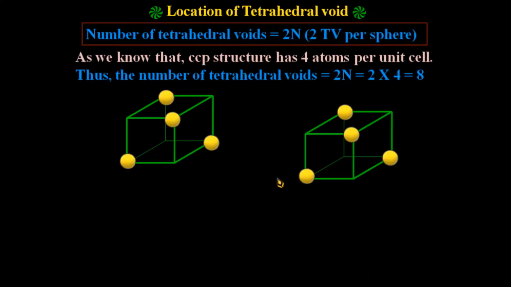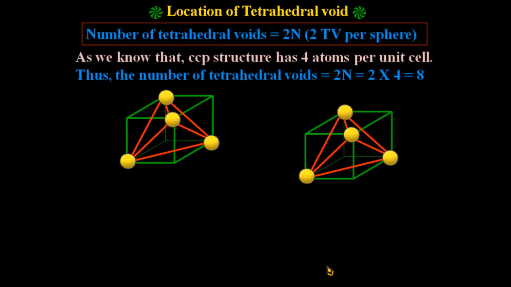When these 4 atoms are joined together, they form a regular tetrahedron like this. The center of the small cube is a tetrahedral void. Thus, there is one tetrahedral void in each small cube.